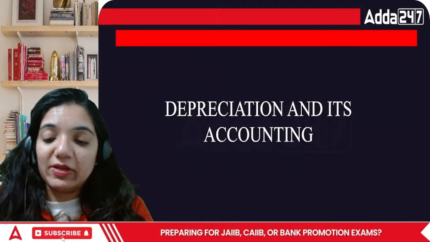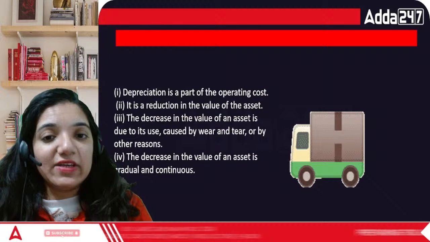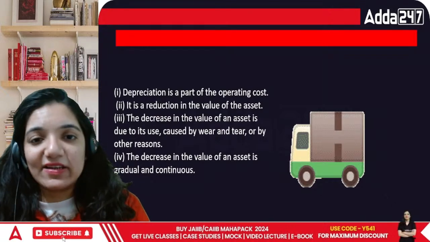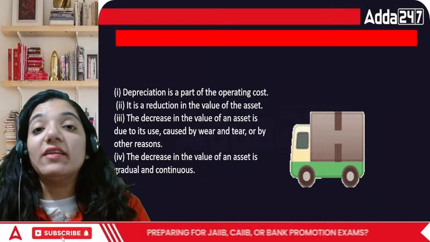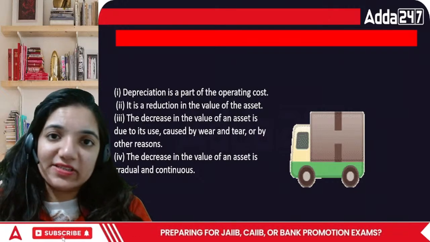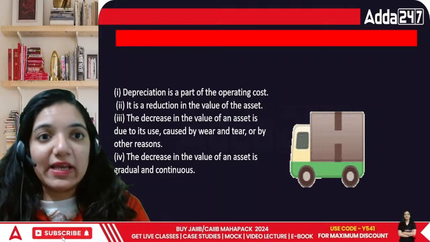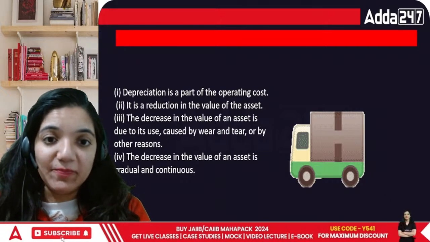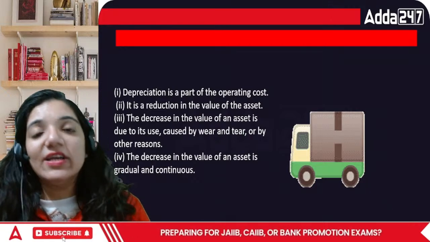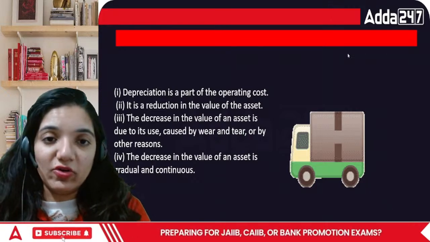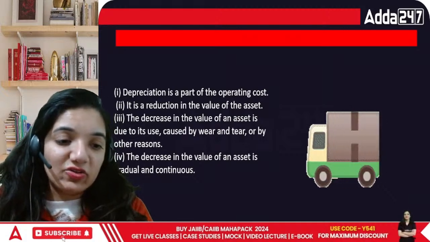Now, when we talk about depreciation, how does it work? We did this part yesterday, so the same slide is still available. In case you haven't seen the previous class, go ahead and watch the entire series. I've covered from Module A, Unit 1 till now. What is depreciation? Depreciation is a non-cash expense. Why do I say non-cash expense?